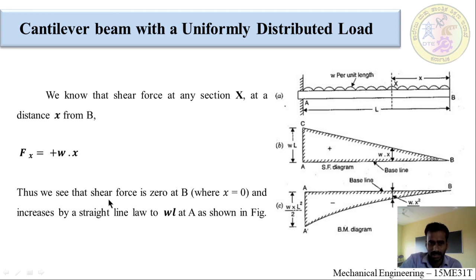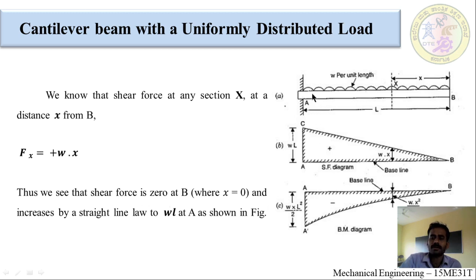Thus we see that the shear force is 0 at B. When you substitute x equal to 0 at B, because there is no distance, the shear force becomes 0.